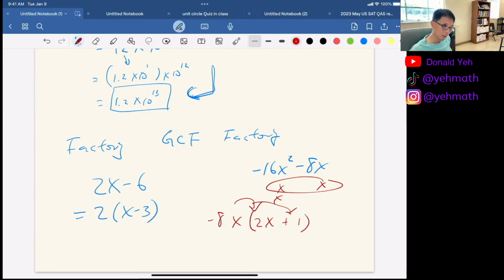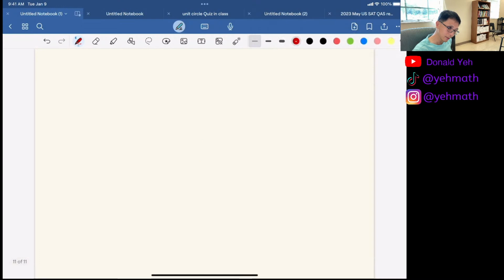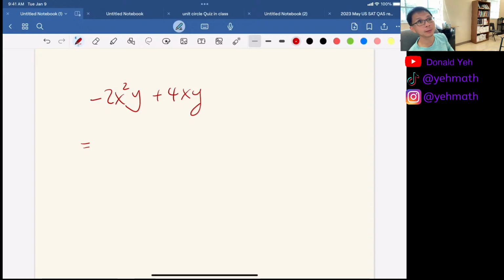I'm going to talk about one last one for GCF. So what is the GCF of this? What can I factor out here? I know you know. Austin probably knows. Omar probably knows. The new girl all the way there, what's your name? McKenna. What can I factor out here?